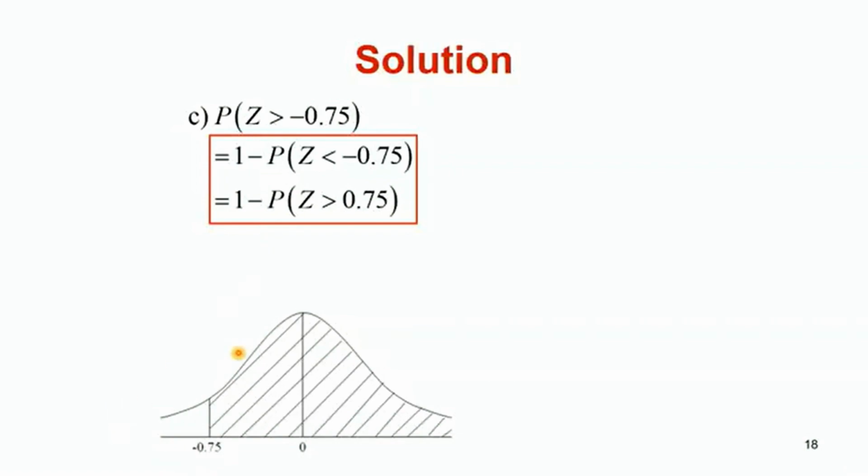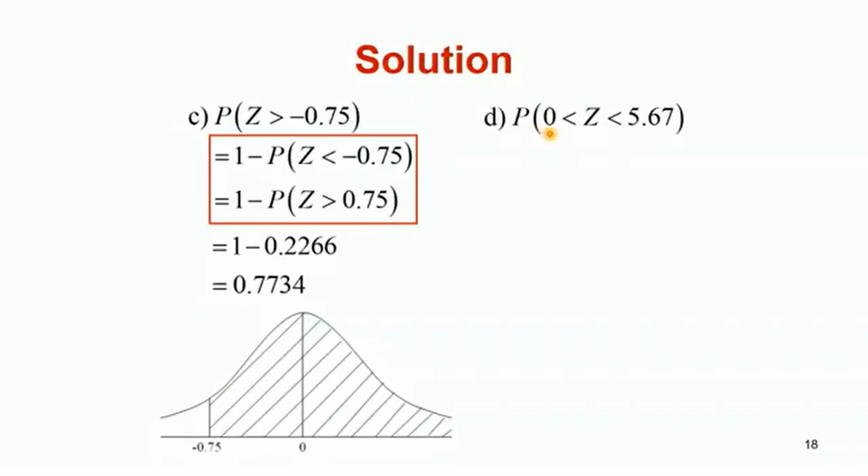But by the symmetric property of the normal distribution, I know the probability of Z less than negative 0.75 is the same as the probability of Z more than 0.75. Then from Table 1, I can find this value 0.2266 and my answer will be 0.7734.